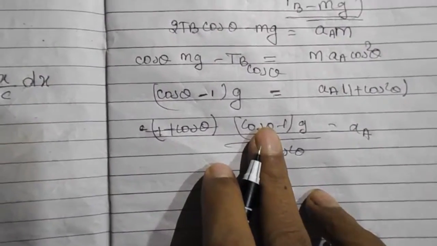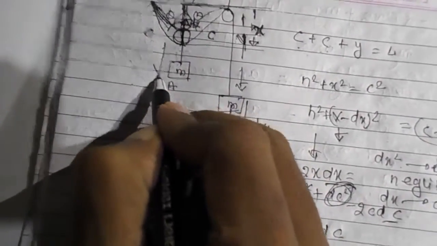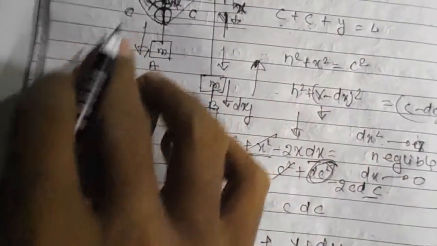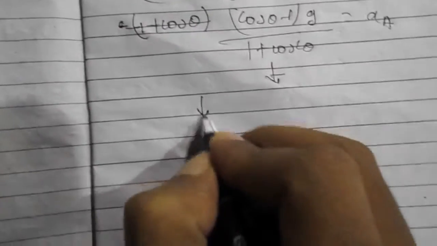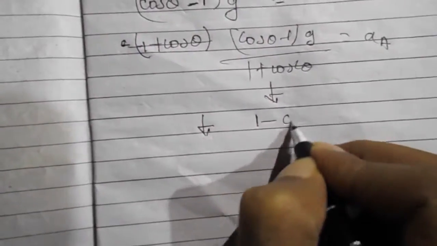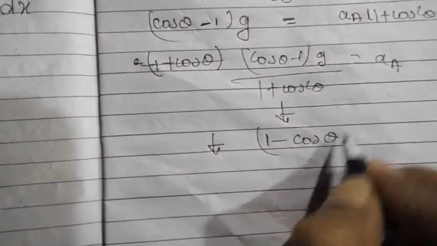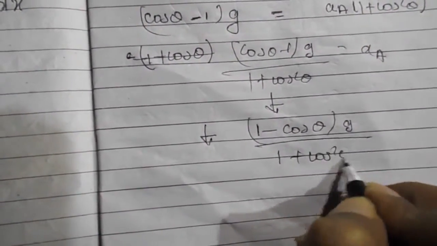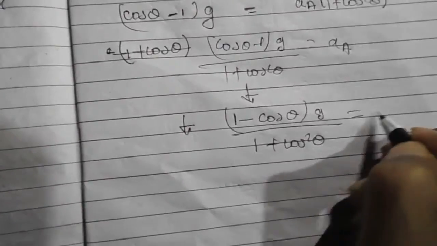What it shows is that this will come down and this will move upward. So that's why it is negative. So I should write the acceleration in the downward direction, and it will be 1 minus cos theta times g divided by 1 plus cos square theta, is equal to acceleration of A.